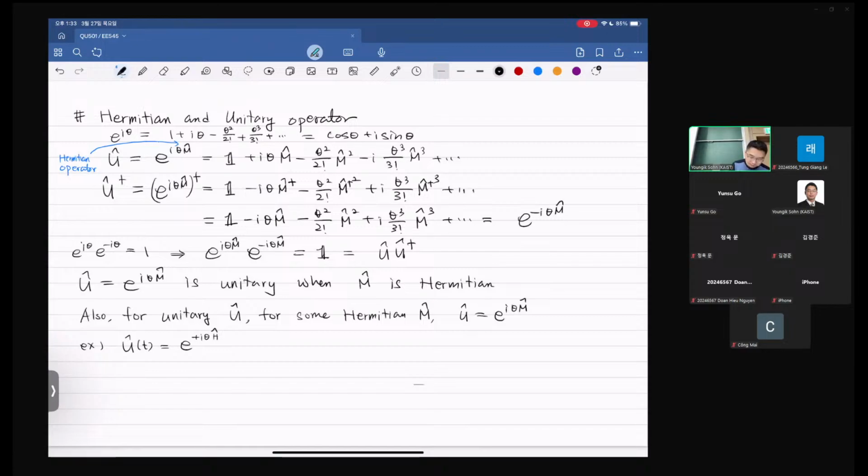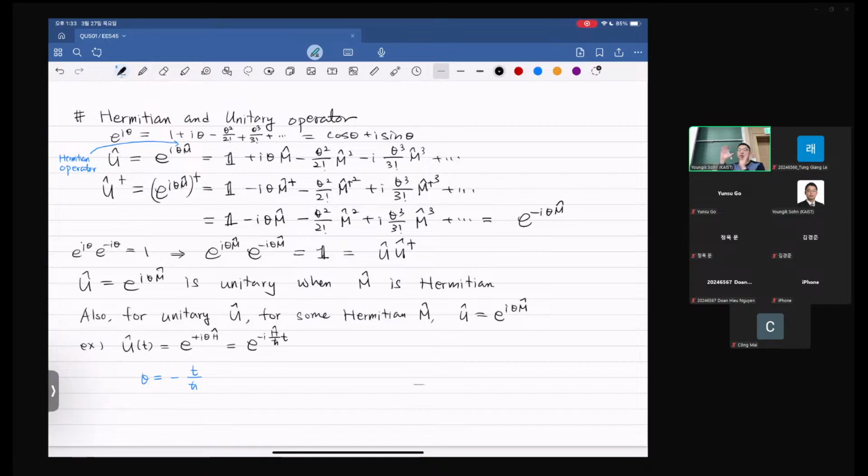So that theta, I'll write it like this, then you'll feel more familiar: I substituted theta with minus t over h bar. You're exponentiating your Hamiltonian with some numbers multiplied to it, and of course it has to have the i.